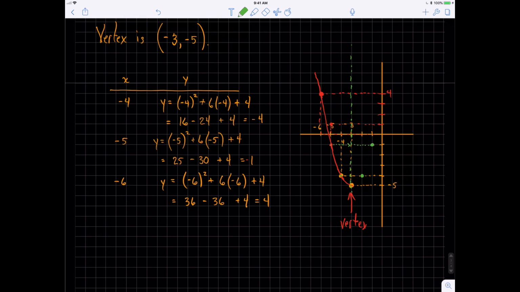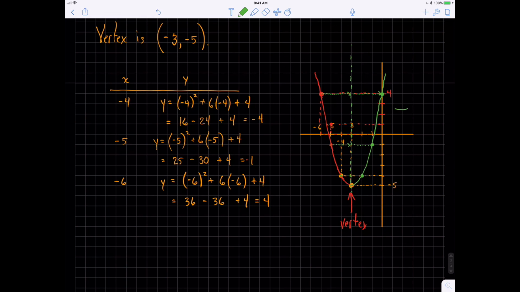And then my next value is at negative 6, 4. That's, look at that, 1, 2, 3 units to the left. So I know there should be another point, 1, 2, 3 units to the right. And there it is. And that gives us the other half of our picture. Also, I want to show you something here.